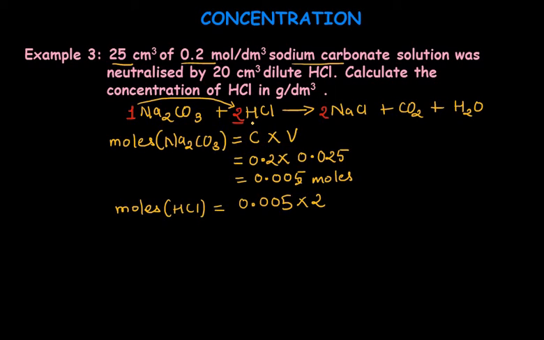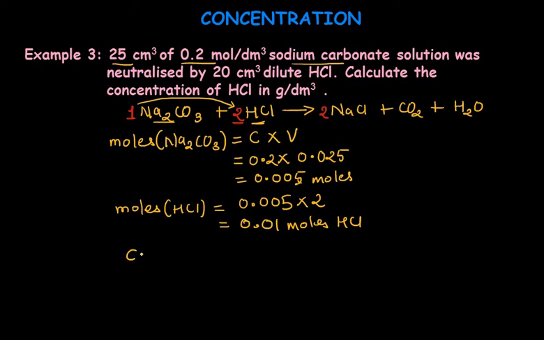But suppose we knew the moles of hydrochloric acid and we wanted to calculate the sodium carbonate moles, if it is reversed, then we know that the ratio is 2:1. So in that case, we would be dividing by 2. But here we need to multiply. So the answer is 0.01 moles of hydrochloric acid.